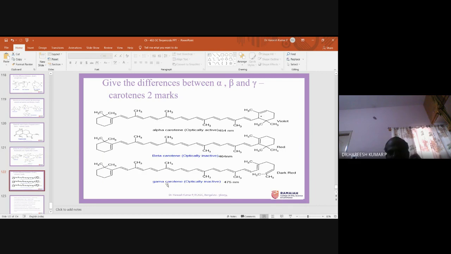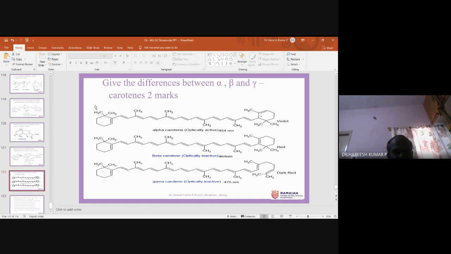Gamma carotene is monocyclic, whereas these two are bicyclic. Its absorbance is 474 and it is dark red in color. So you can mention this difference for the 2 marks question.